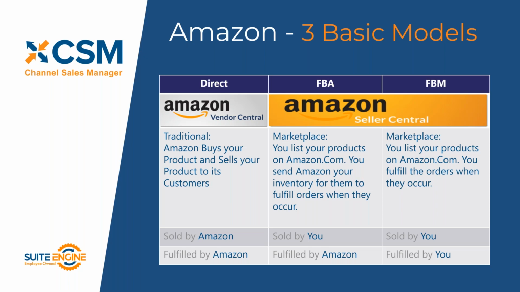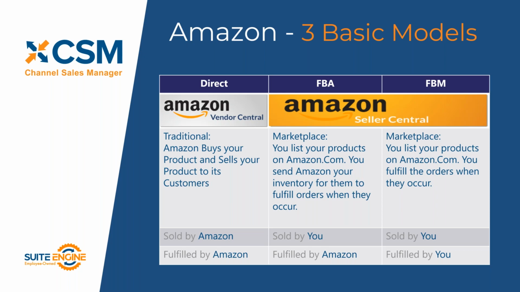It could be that Amazon is selling it direct, and in that case, that's a Vendor Central process where you are selling your product to Amazon and they are reselling it to their customers. Traditional wholesale type environment. However, you could be selling through Seller Central. And in this case, you are actually selling the product.